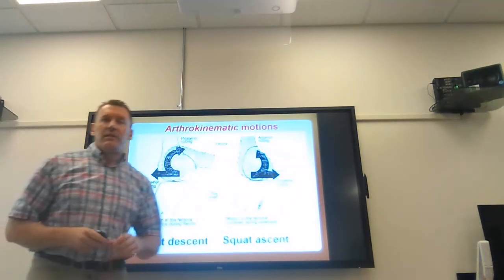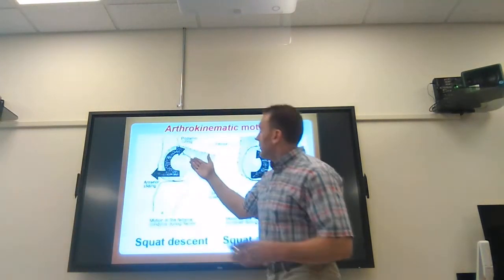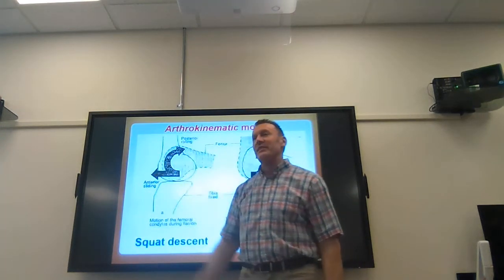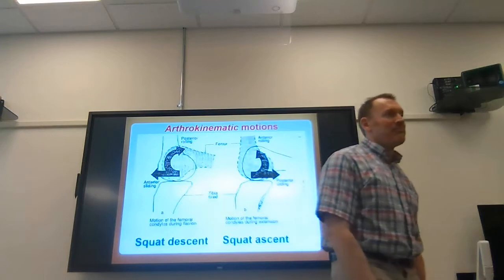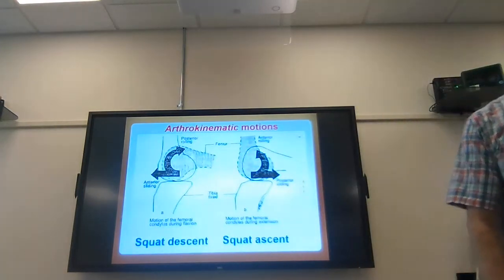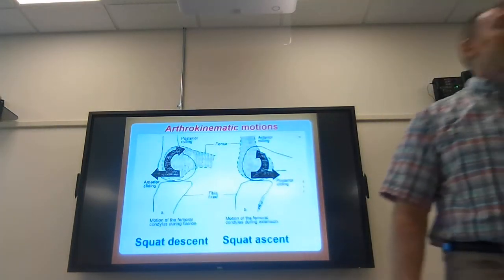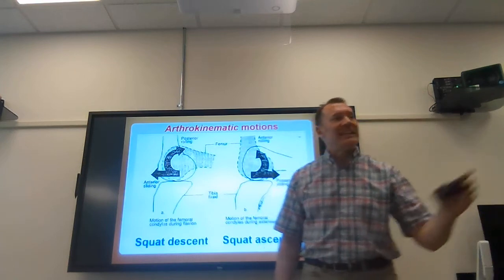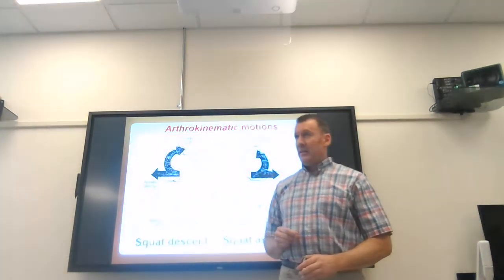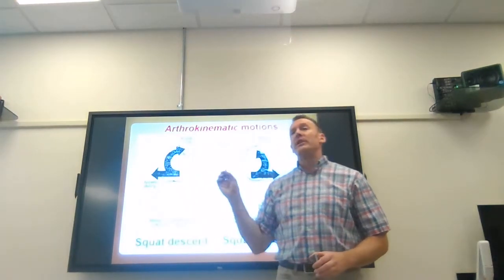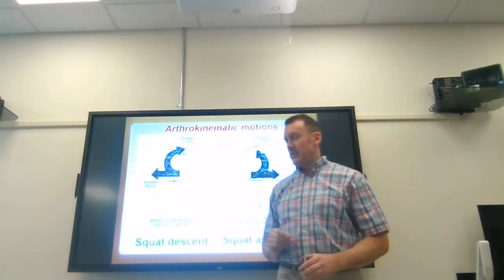So, question, what keeps the femur from just rolling right off the tibia? Right off the cliff there. What keeps that from happening? Yes. Say that louder. Your ACL. Yes. So you have ligaments that keep these arthrokinematic motions in check.